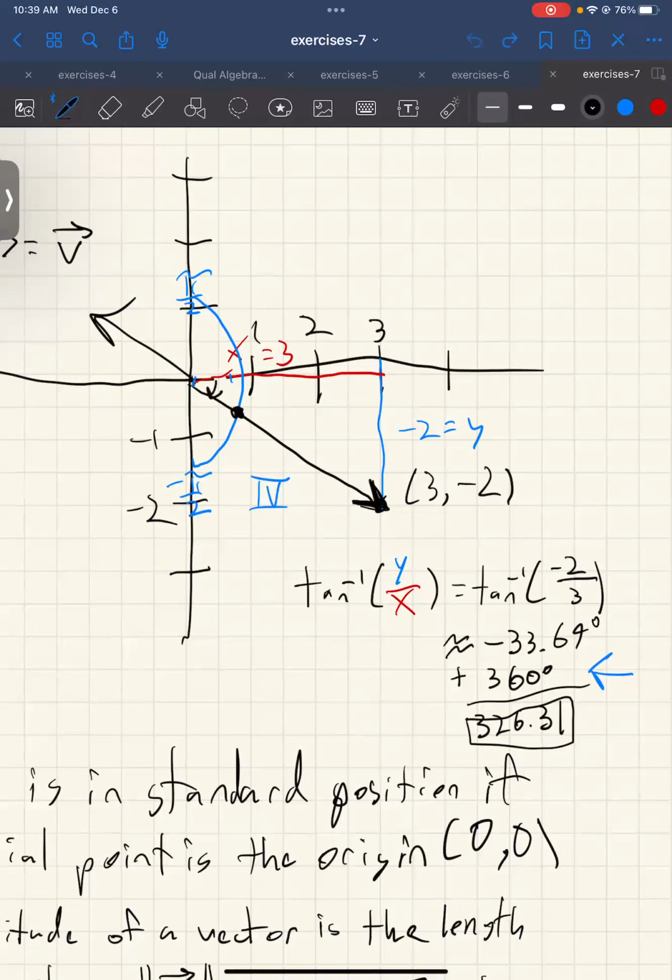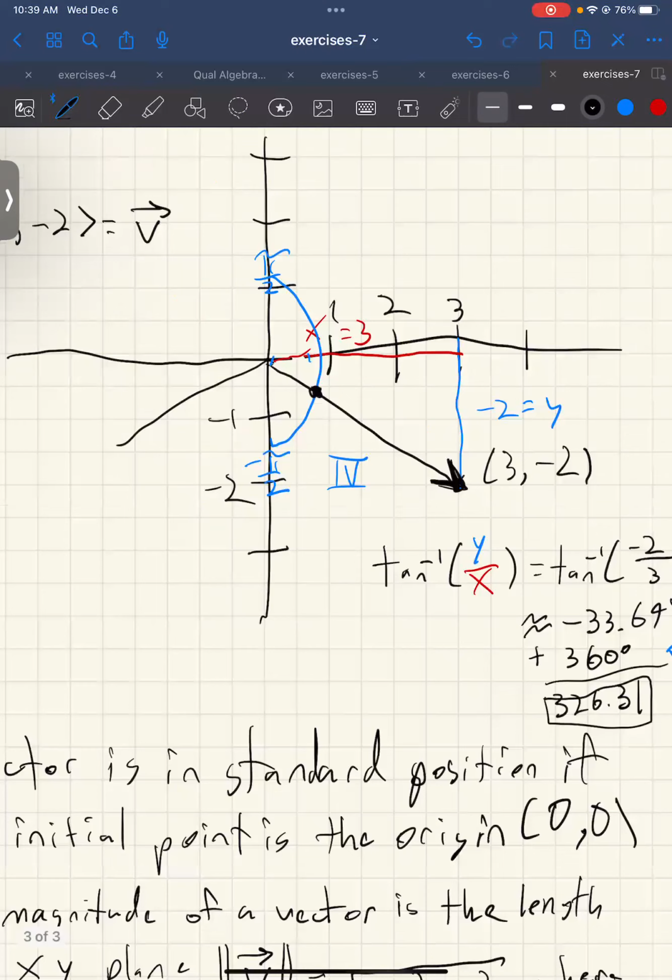Likewise, if I were in quadrant 3, then that would be negative y and negative x, which tangent inverse would think looks the same as positive y and positive x, which would be this vector. So what is the angle difference between these two vectors? Well, they make a flat line, so this angle is 180.